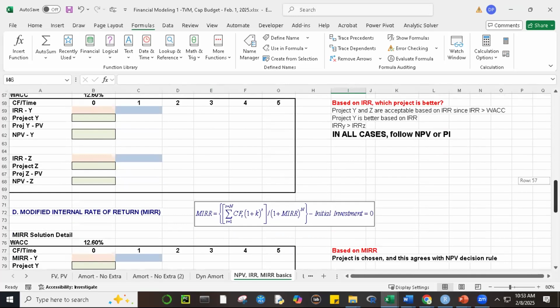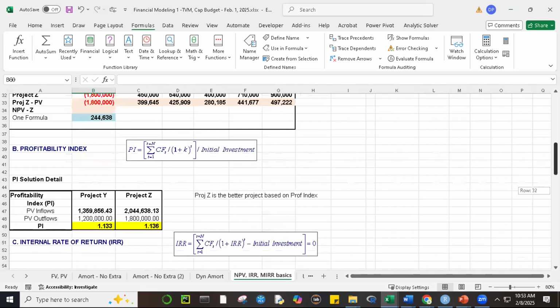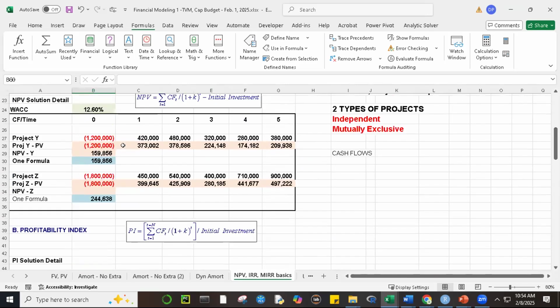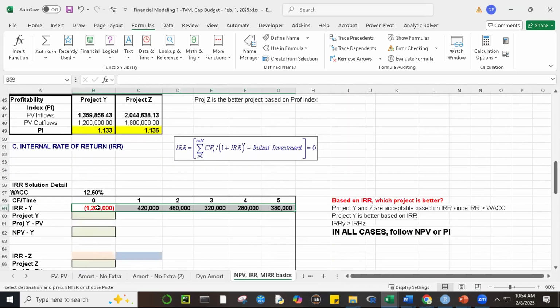We can just directly get the IRR of project Y. Let's copy the cash flow of project Y, Control C. And then let's get the IRR.